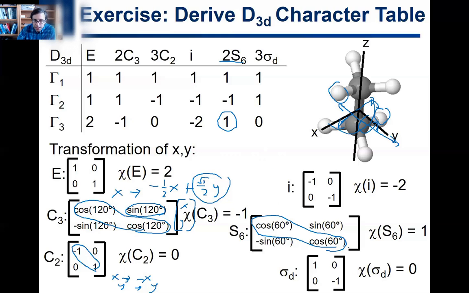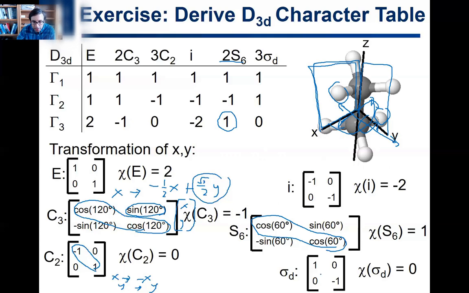And then your sigma d is the last one. Again, I'm just going to define it as going through the same little area, the y. And let's see. No, actually, this time I defined it differently. I defined it as going through the x. These are both sigma d's. They'll get you the same answer. So if you define it as this one right here, x doesn't change.